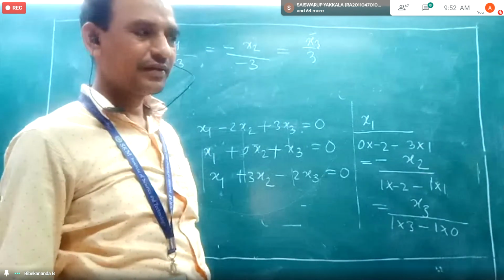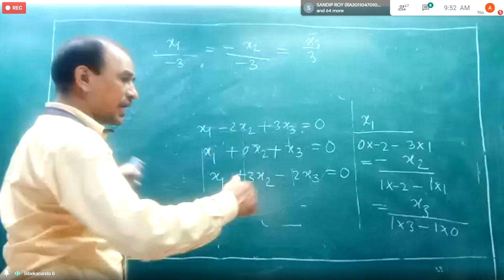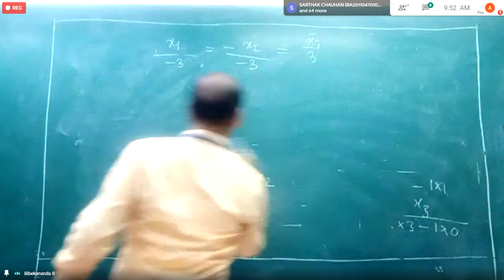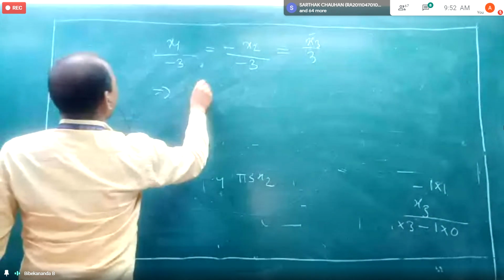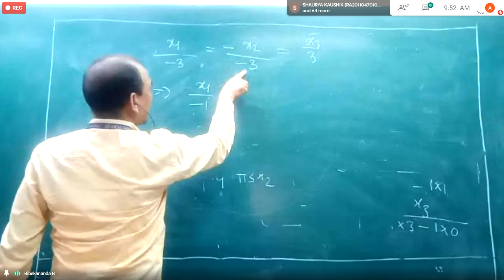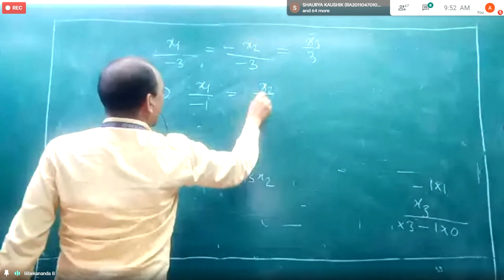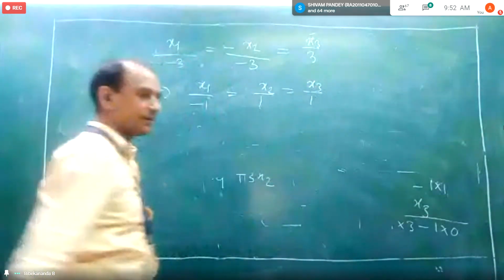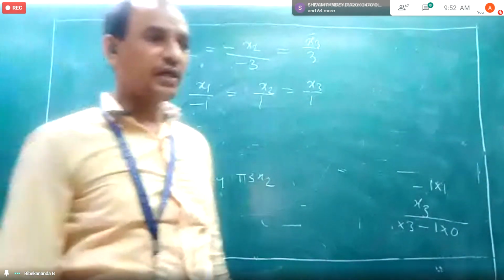3. So you can normalize that one. You can take 3 common and further write it as x1 by minus 1 is equal to, minus into minus is plus, x2 by 1 is equal to x3 by 1. That is called normalization.